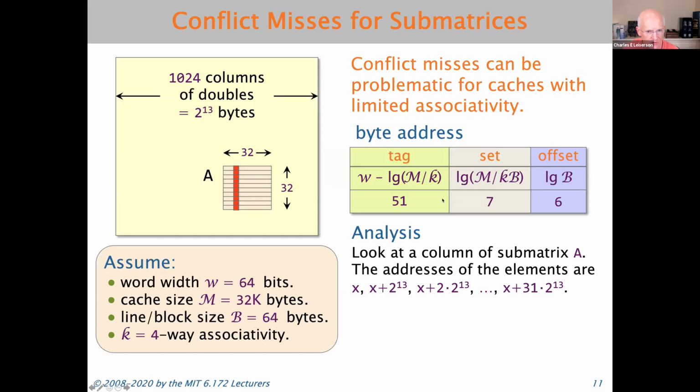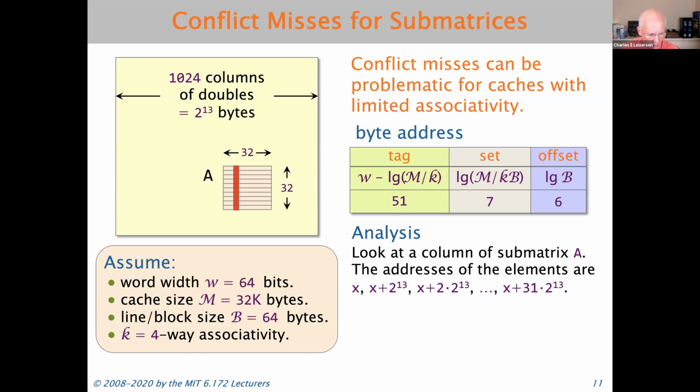So when I add 2 to the 13th, that's the lower bit of the tag. So I add 1 to the tag, and then another 1 to the tag, and another 1 to the tag. I'm incrementing the tag as I go down the column. And so I end up using the same set.